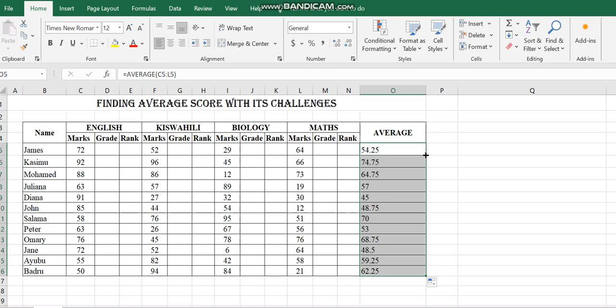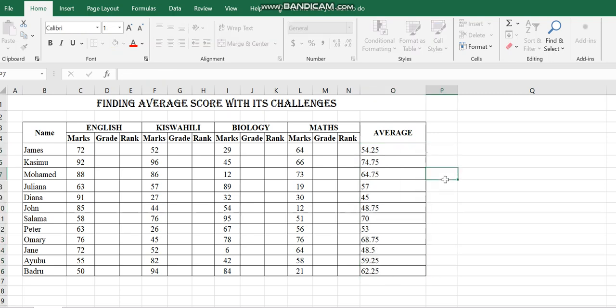But there are challenges which we will be facing with average. The challenges are as follows. The first one is skipping unwanted data. For instance, here we've been assigned English, but within English there is a column of marks, grade, and rank.